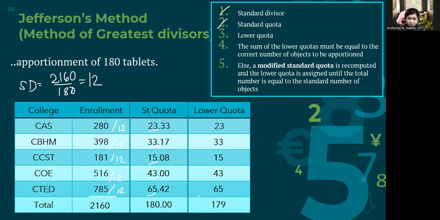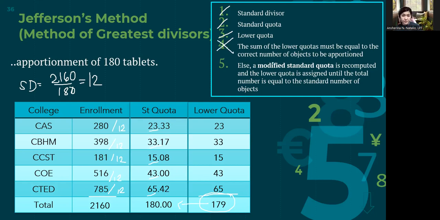Okay, so what is the sum? 179. Sabi, the sum of the lower quotas must be equal to the correct number of objects to be apportioned. Equal ba sila? Hindi. Okay, so hindi sila equal.